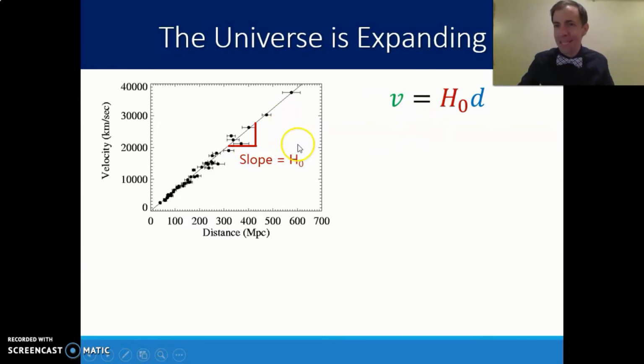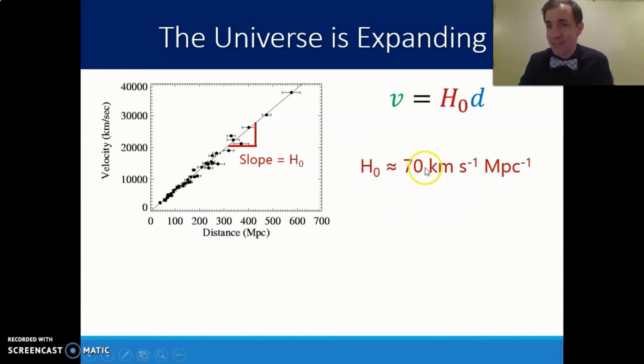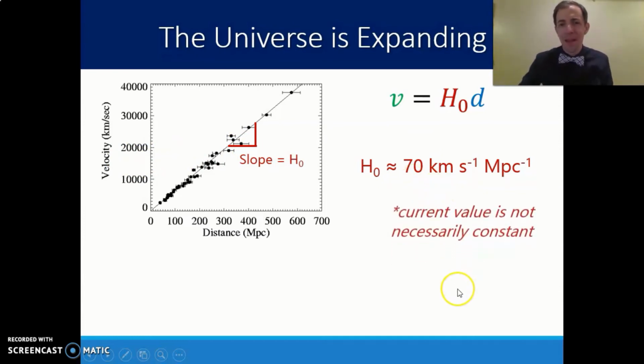Now this slope, he gave the name of Hubble's constant, and he found that slope to be about 70 kilometers per second per megaparsec, which means that if it is 1 megaparsec away, it is moving away from us at 70 kilometers a second. And for every megaparsec farther away that you are, you increase that speed by another 70.